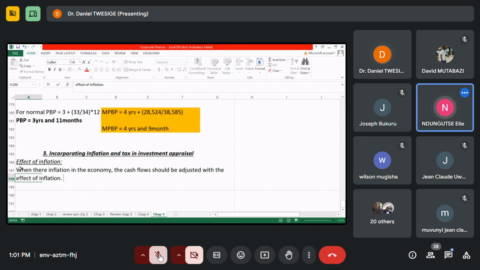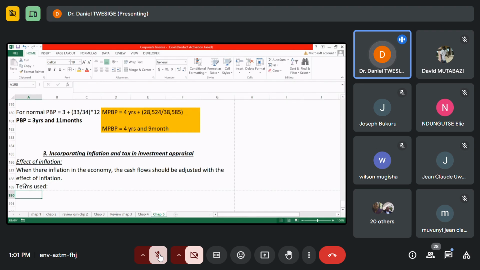When there is inflation in the economy, the cash flow should be adjusted with the effect of inflation. So as long as you have inflation, it means you must adjust your cash flows. Now, maybe to understand this, let's look at some of the terms used.